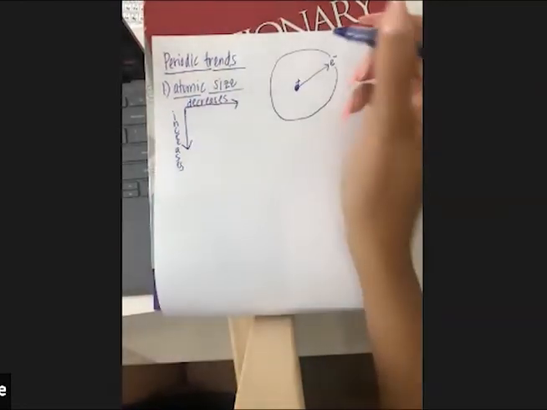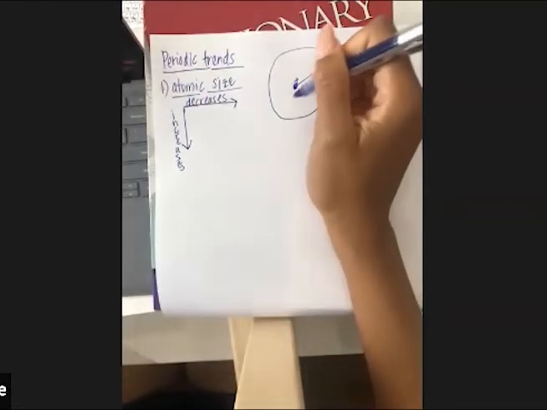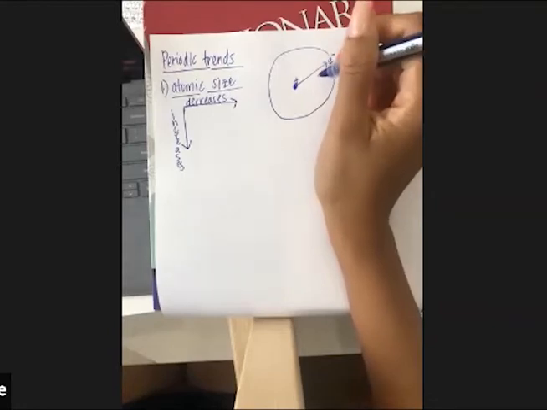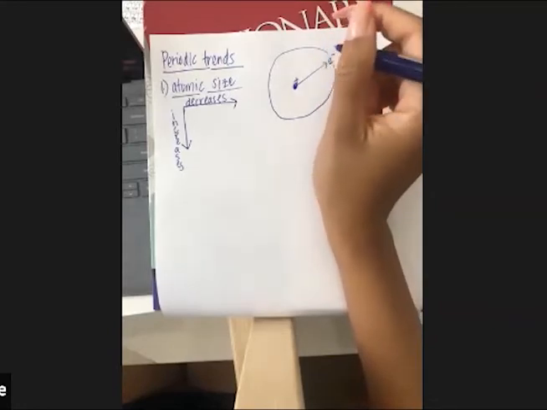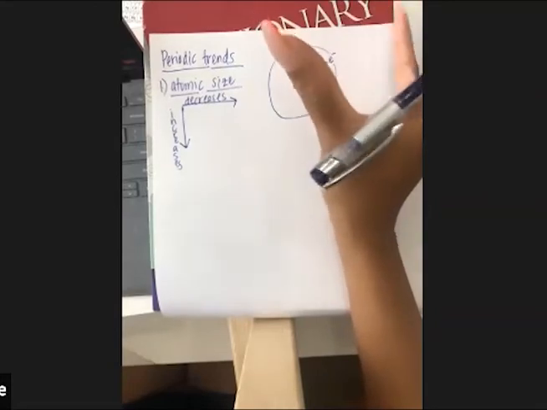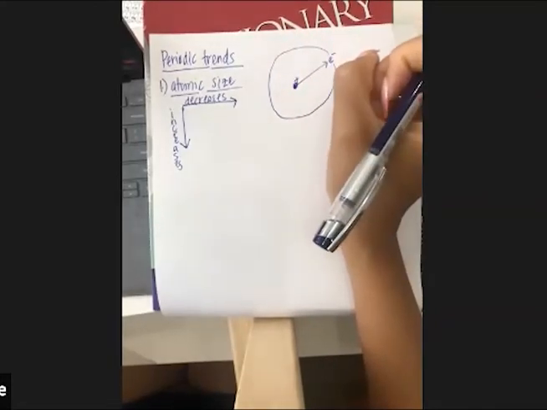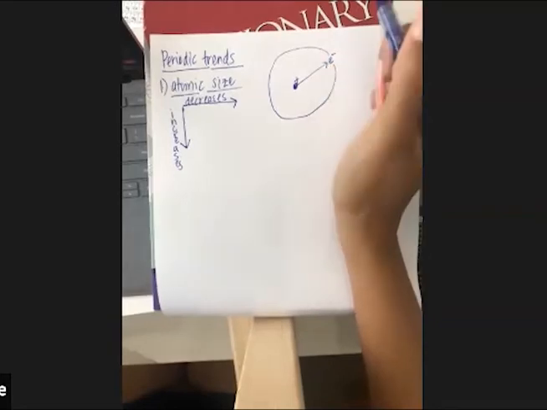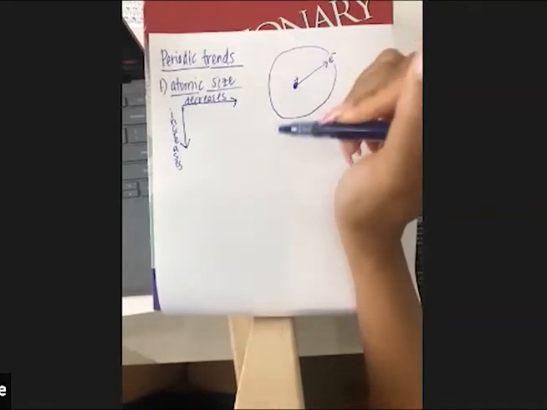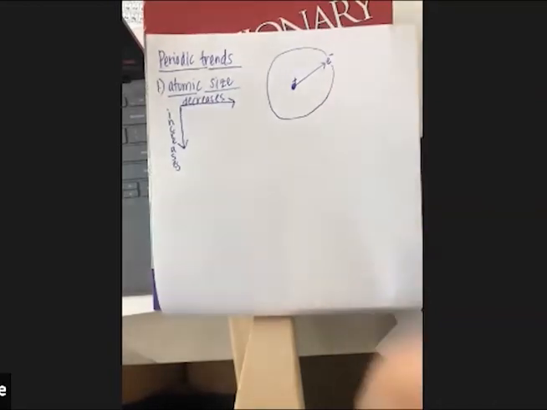The attraction is stronger, and the nucleus pulls the electrons in tighter. Whereas when you go to different energy levels, the size of the atom gets bigger.